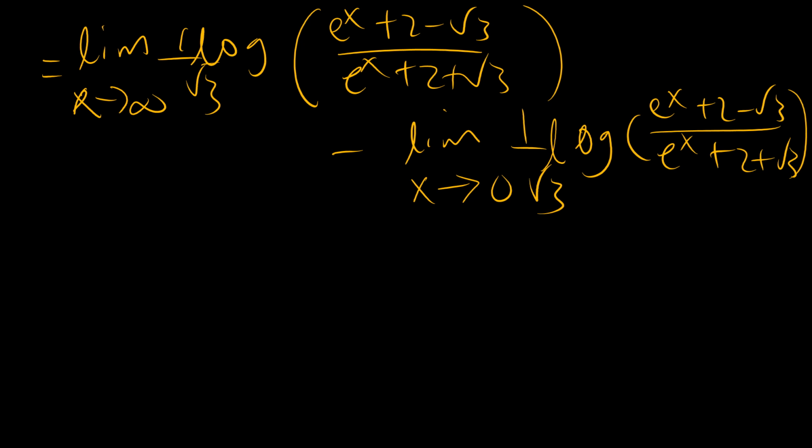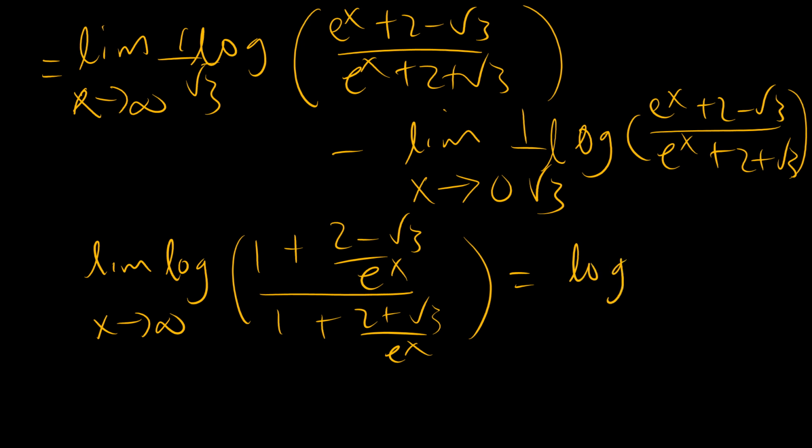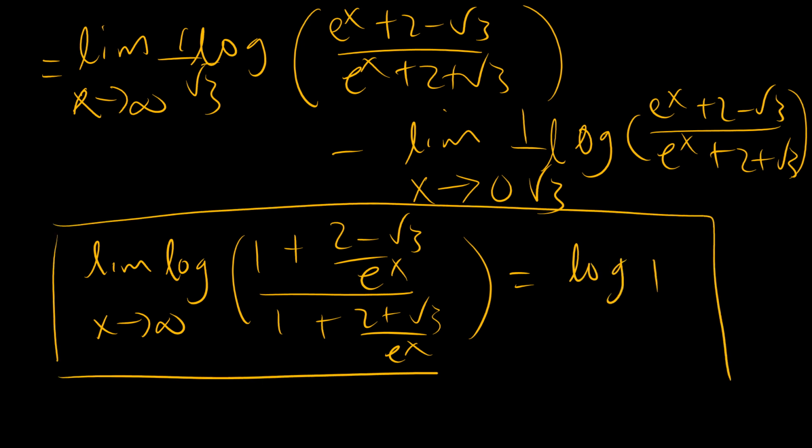But to make it a little bit clearer, you're left with log of (1 plus (2 minus root 3) over e to the x) over (1 plus (2 plus root 3) over e to the x), right? And we're looking at the limit as x tends to infinity. And you see this part tends to 0, and essentially this tends to log of 1, which is 0.